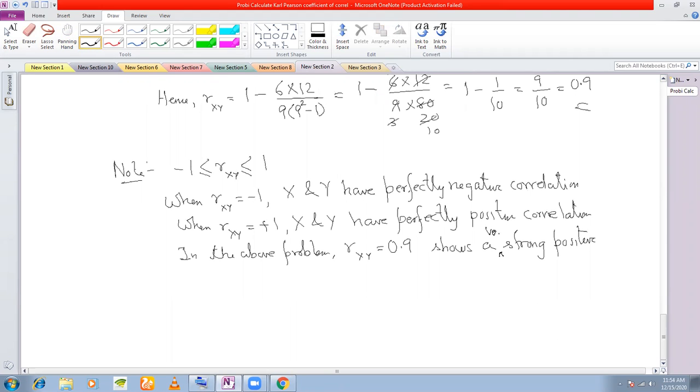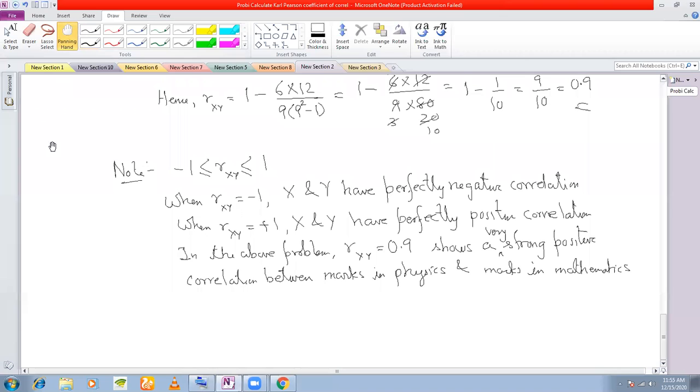Shows a very strong positive correlation between marks in physics and marks in mathematics. That means students who are good in physics have a very high chance of being good in mathematics. And students who are good in mathematics have a very high chance of being good in physics. That is what it means. Clear? Yes. That is what the interpretation is.